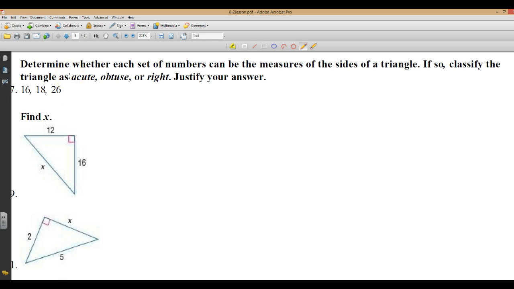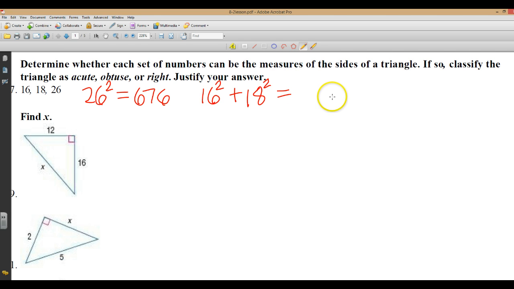The next thing we want to check is to take the longest side and square that. So 26 squared gives us 676. And then take the other two sides, square those, and add them together.